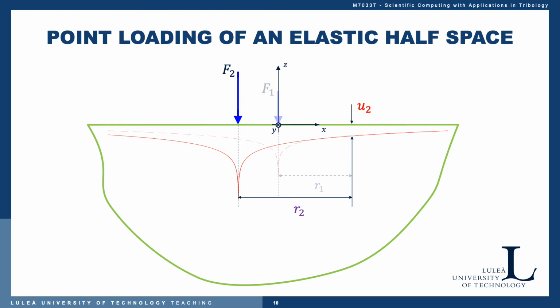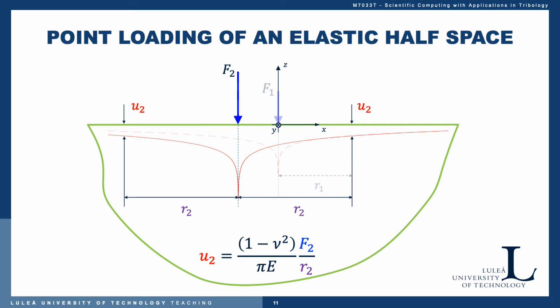However, the reason for the similarity in this case is because, although we have a higher load, F2 is larger than F1, the radius R2 is also larger than R1, and therefore U2 and U1 are very similar. Again, U2 is related to F2 and R2 by the same expression as before.